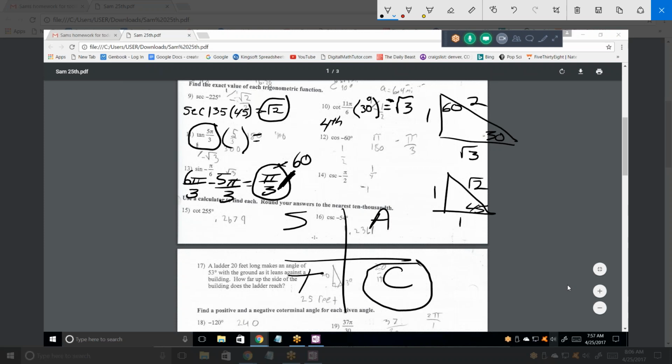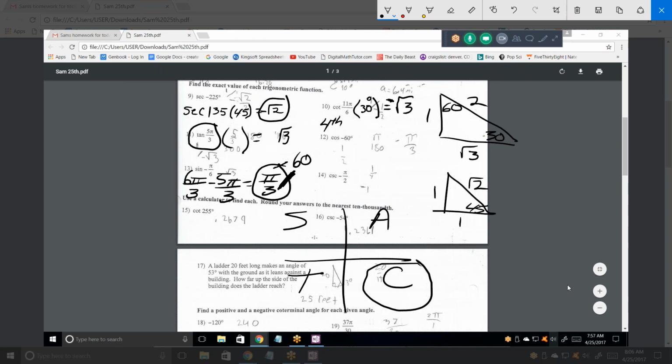I'm not sure why. You're supposed to be filling in these numbers. What's the opposite side to 60? The opposite side of 60 is root 3. Okay. What's the adjacent side to 60? The adjacent side would be 1. Okay. So, square root of 3 is our answer.